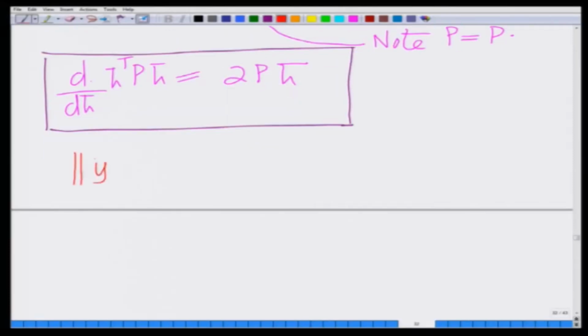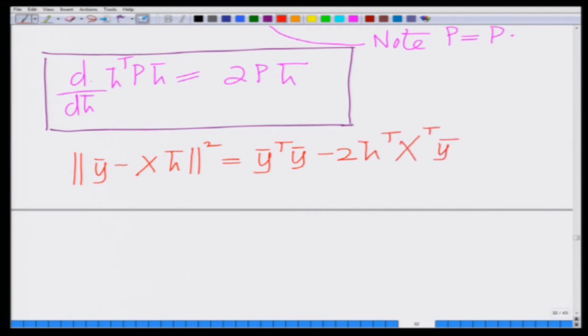Remember, in the previous module we have already seen that the least squares cost function can be simplified as y bar transpose y bar minus 2 h bar transpose x transpose y bar plus h bar transpose x transpose x times h bar.